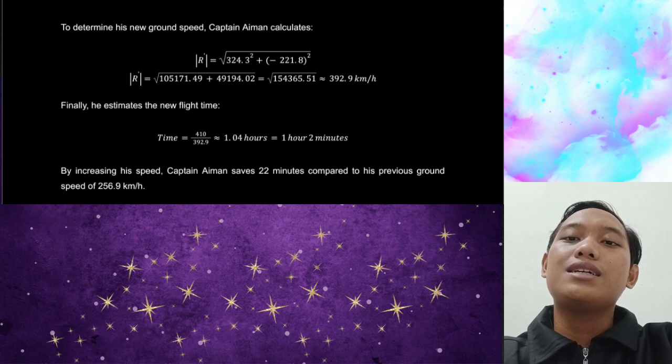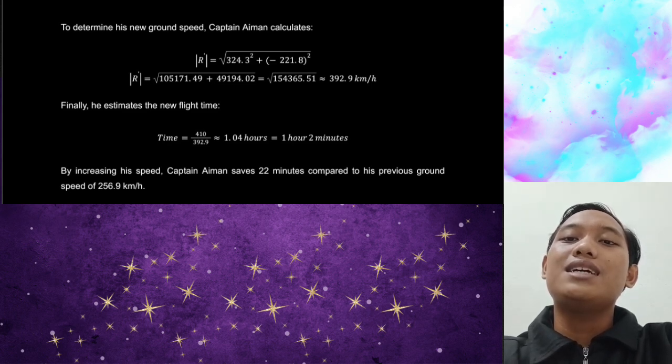To determine his new ground speed, Captain Aiman calculates the modulus of R prime, equal to the square root of 324.3 squared plus negative 221.8 squared, and we got 392.9 km per hour.